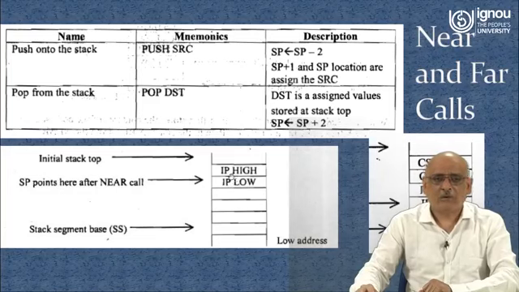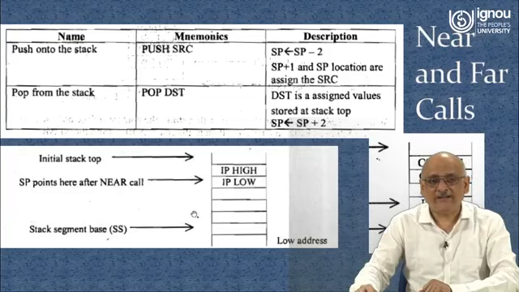If I say pop AX, then AH will get IP high, AL will get IP low, those values will be assigned, and then the stack pointer will be incremented by 2. So it will reach this particular position.